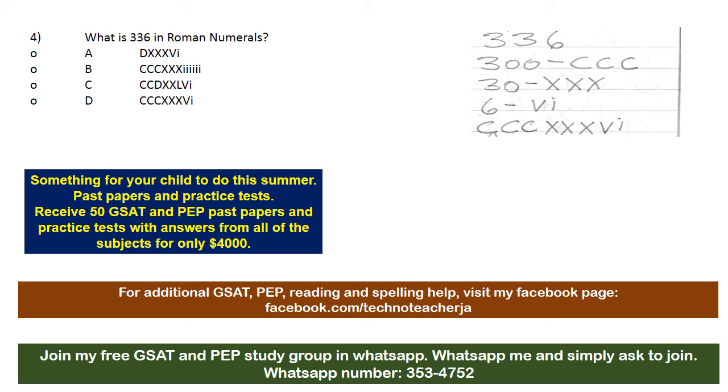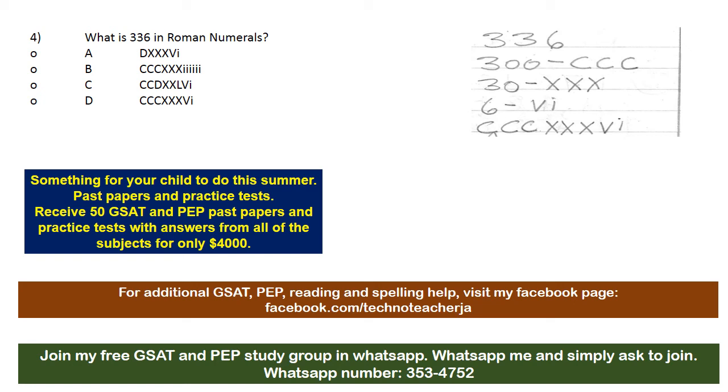Oh, sorry, not 306, 336. So let's put in the 30. We have the 6, which is VI, and we have the CCC for 300. What is 30? XXX.